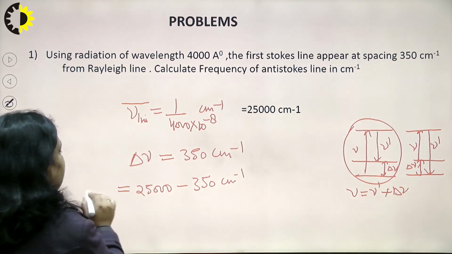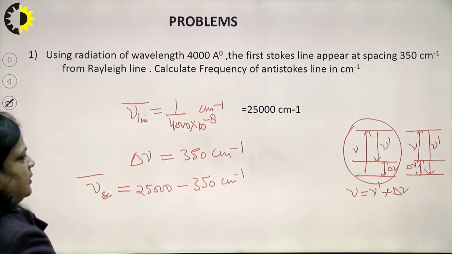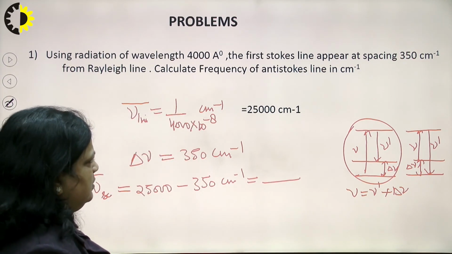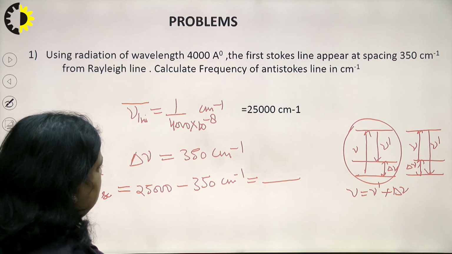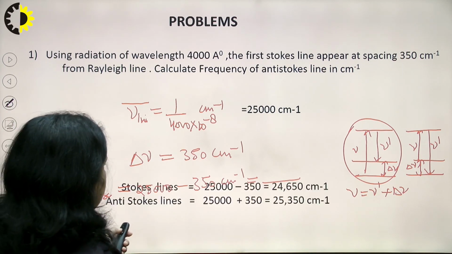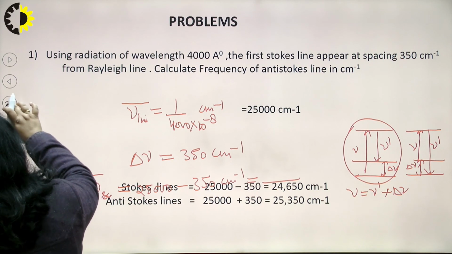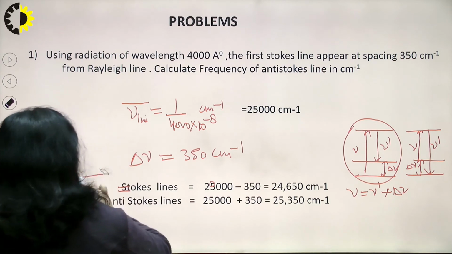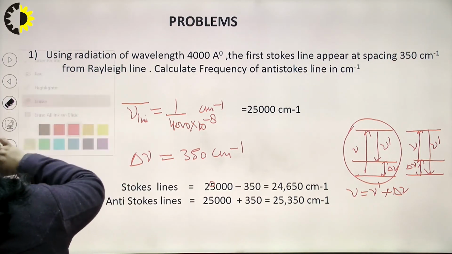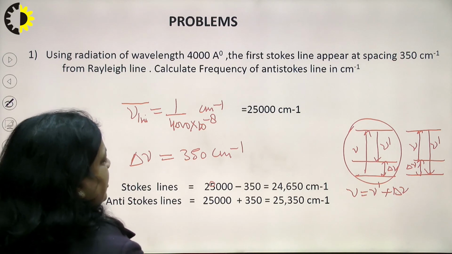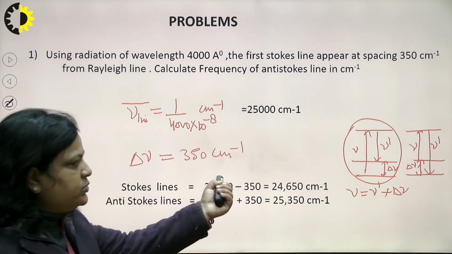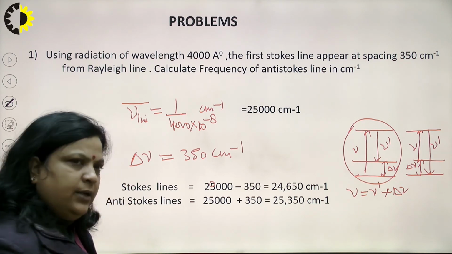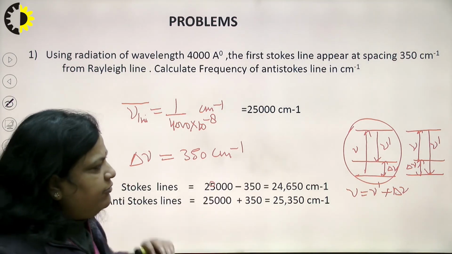So, this is basically the frequency of scattered light, which is equal to 25,000 minus 350, which is equal to 24,650 centimeter inverse. So, here we can find the scattered frequency of light.